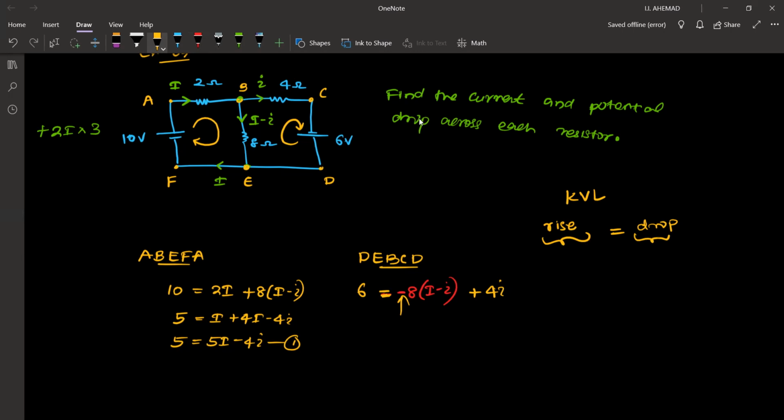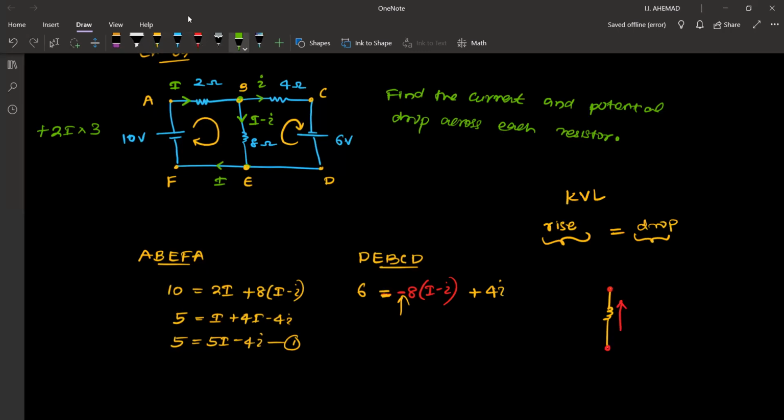So now all these batteries, we consider as rise and we will write the equation. No problem with that. Now let's come to drop. I have a resistor. Can you remember this arrow, the convention we were discussing so far?